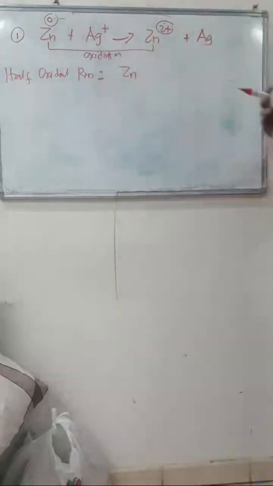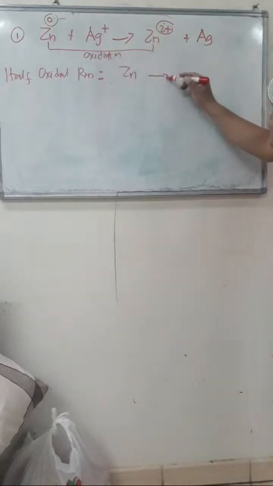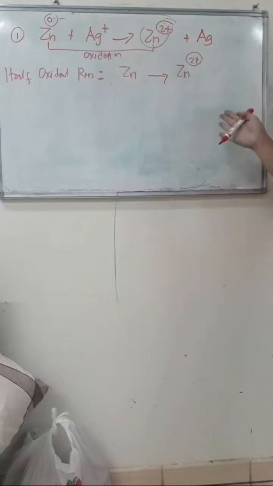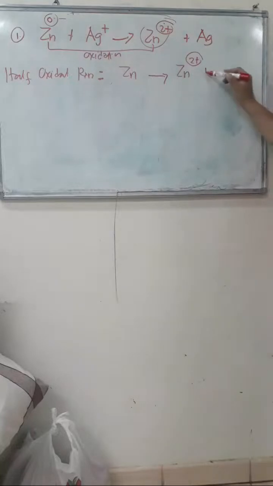Now, what did I tell you a while ago? If that is an oxidation, the adding of electrons will be on the right or in the product. So equal to, copy this zinc, so zinc 2 plus. Since there are 2 plus of charge, automatically you will add 2 electrons. Why?